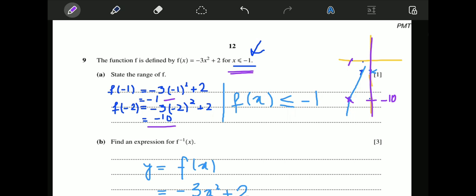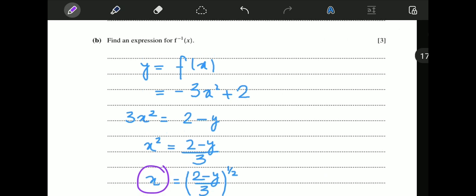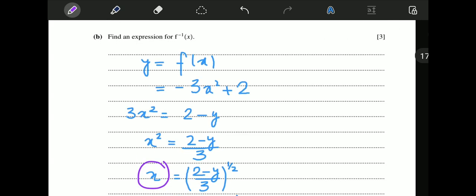So we can roughly sketch this to tell the range, and this will give you the values of y or f of x. This is how you can infer your range, that it is going to be less than or equal to minus 1. Now find an expression for f inverse of x, and this is pretty easy.